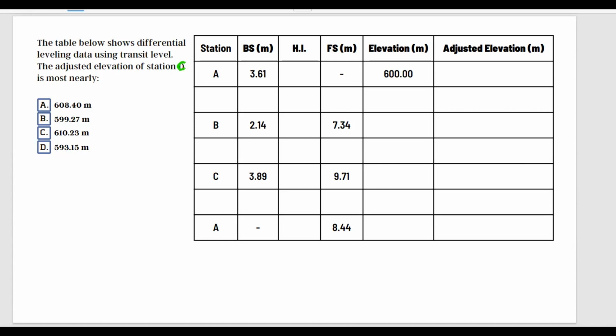So for solving this problem, we're first going to have to calculate the elevation at each station. And the way to do that, remember, we have to add the backsight distance and we have to subtract the foresight distance.